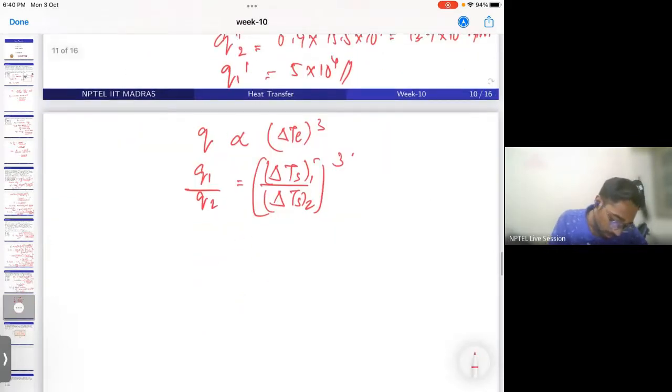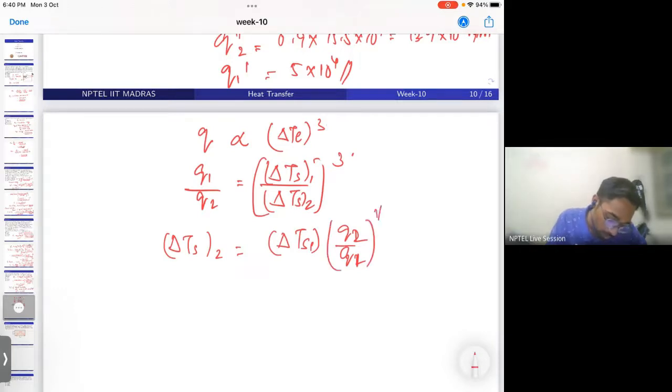Okay. So delta T_s2 is equal to delta T_s1 into Q2 by Q1 raised to 1 by 3, right?